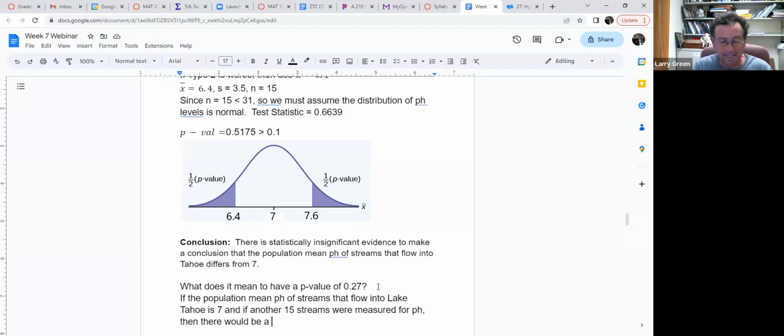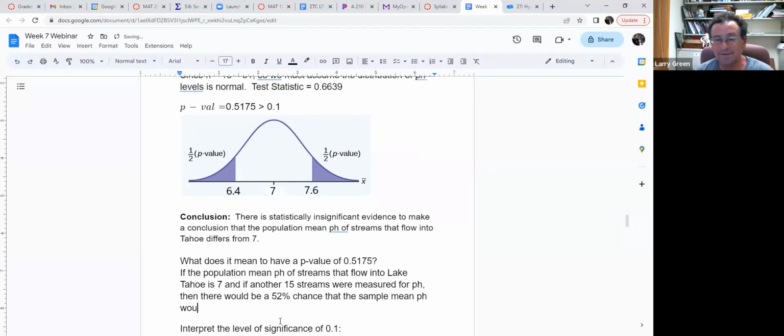So there would be a, and our p-value, I should say 0.5175, there would be a, let's call it 52% chance that the sample mean pH would either be less than 6.4 or greater than 7.6.